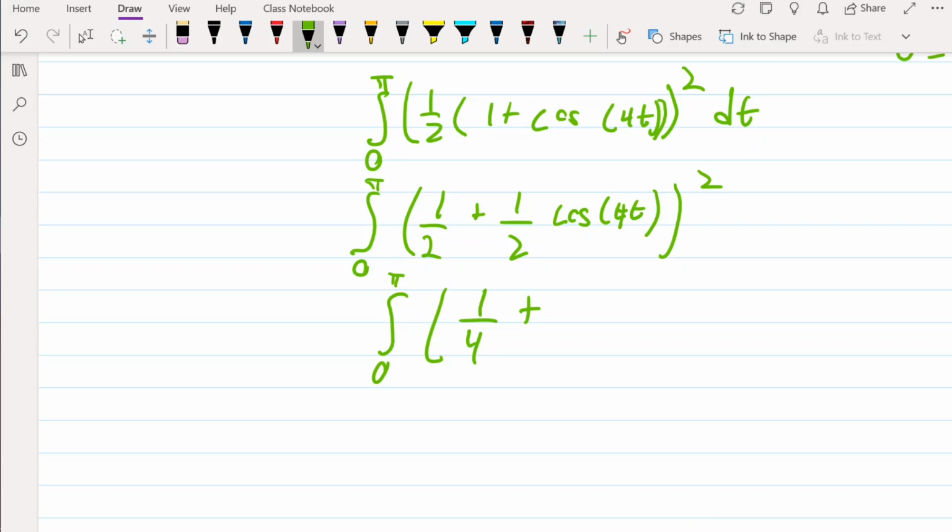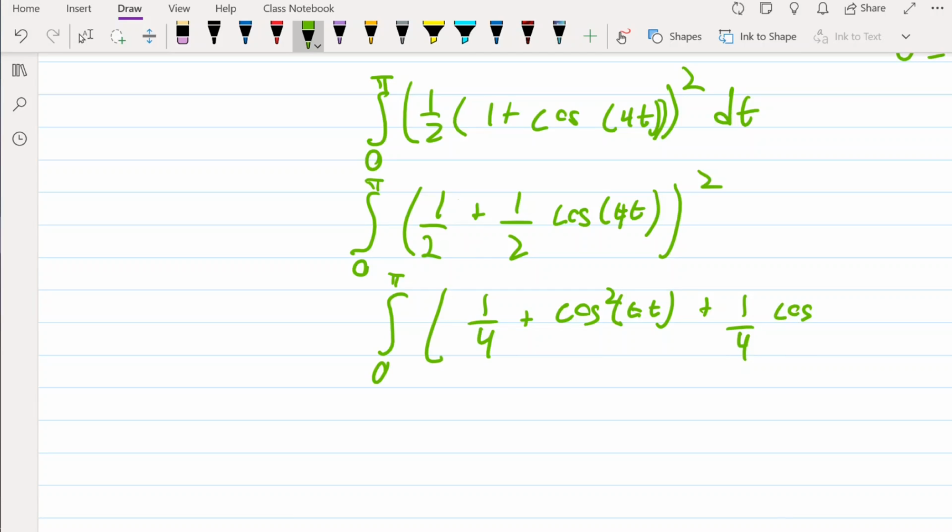Because this is nice and easy. Oh wait, no, it isn't. Well, if you just expand it now and then take out the 1/4 out of the cosine.